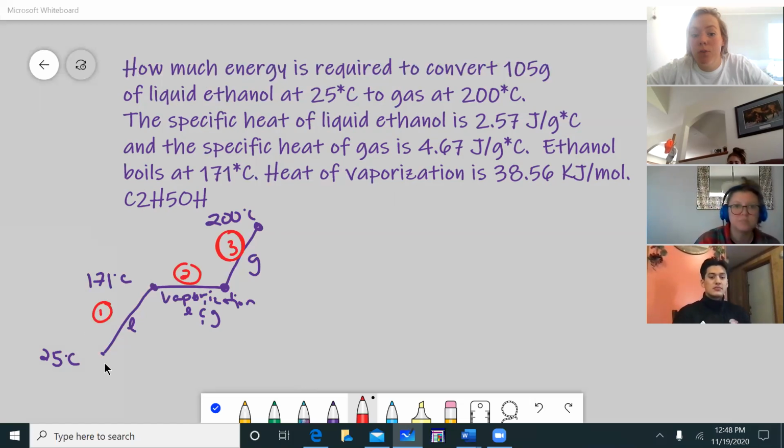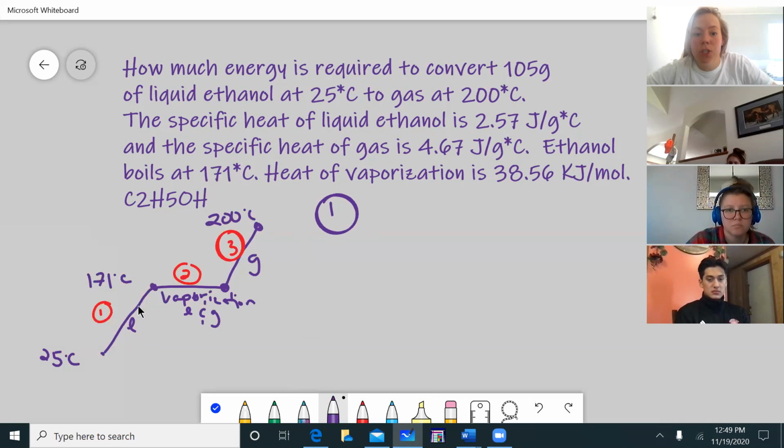Before I can convert into a gas, I have to bring it up to the boiling temperature for this substance, which is 171 degrees Celsius. If this problem was talking about water, that would be 100 degrees Celsius. So the first limb is going from liquid at 25 to liquid at 171. Let's do that now.